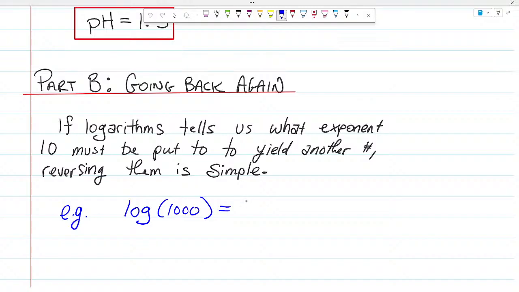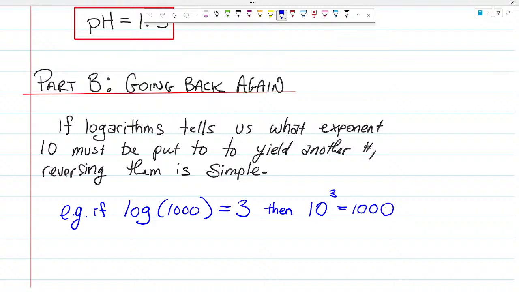Okay. Now, if the log of 1,000 is 3, then that means that 10 to the exponent 3 must equal 1,000.